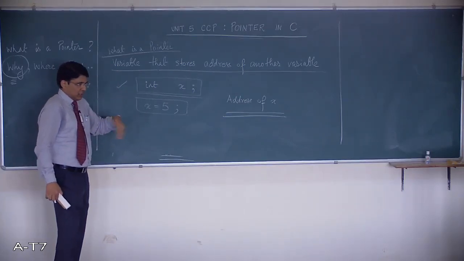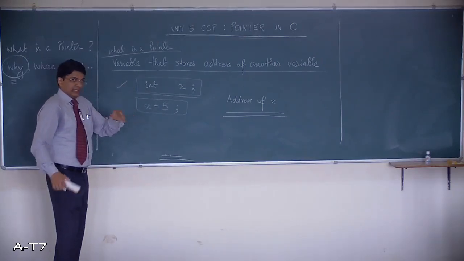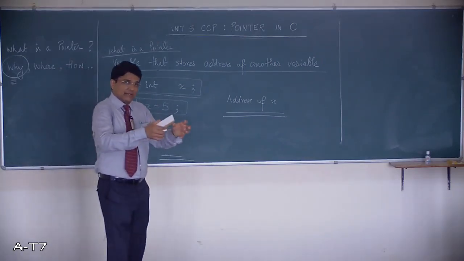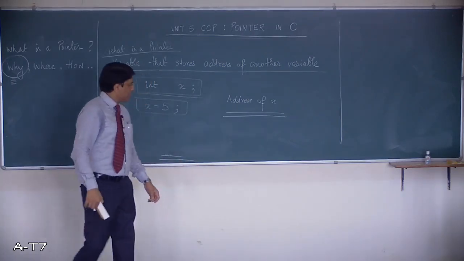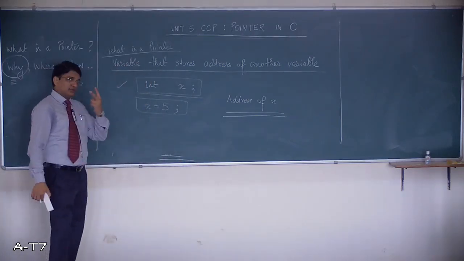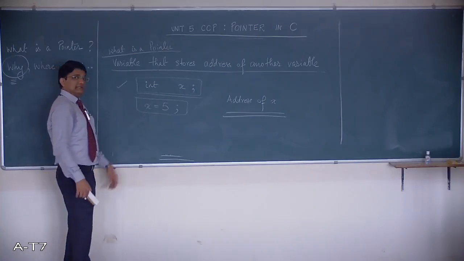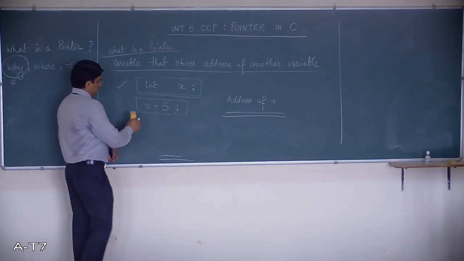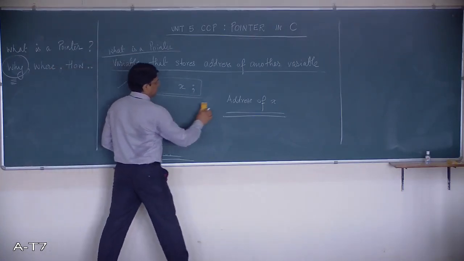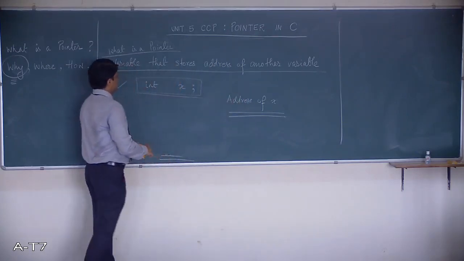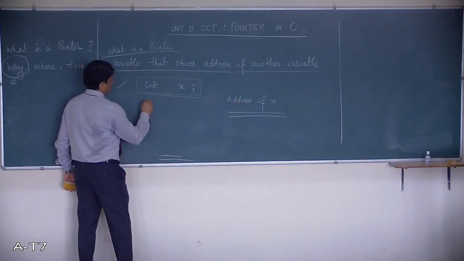There are two steps. The compiler has to first find out where x is in the memory. After finding that out, it has to take 5, go to that address and store 5. It's almost like two steps are involved in this statement. Let's see something else now. Let this be there.